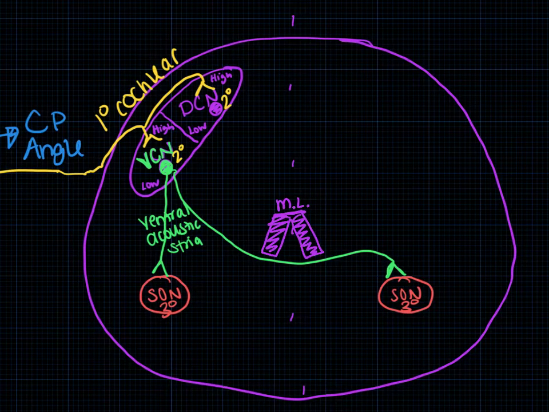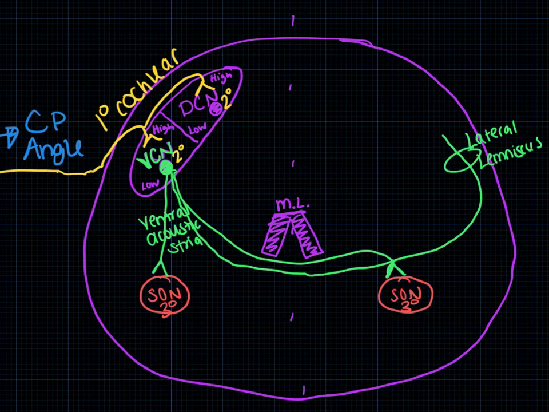Other axons from the ventral cochlear nuclei will travel anterior to the medial lemniscus to form the lateral lemniscus, which will synapse at the inferior colliculus that is on the contralateral side to the ventral cochlear nuclei.